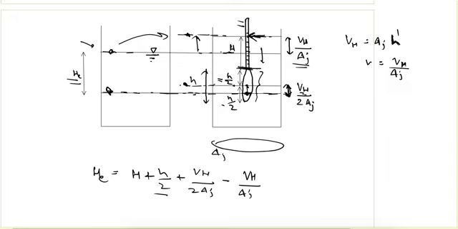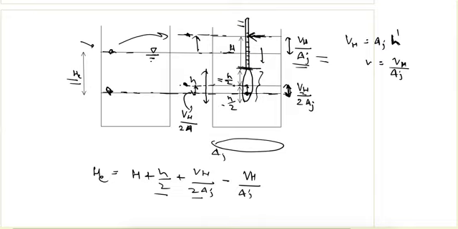This h by 2 is the center of the hydrometer bulb. Vh upon 2Aj: if this is the total displacement, because the center of the bulb divides it into two parts, this part will displace half.